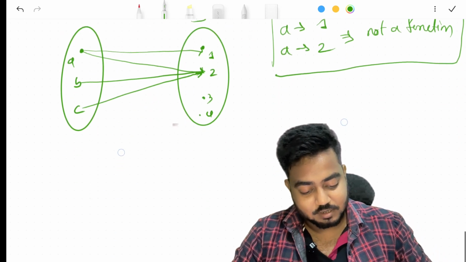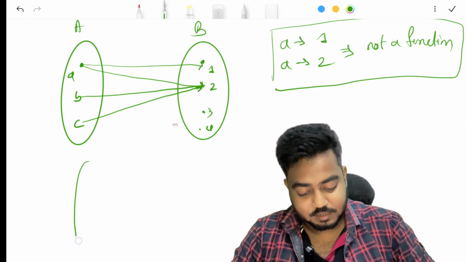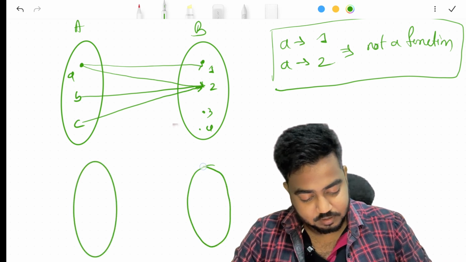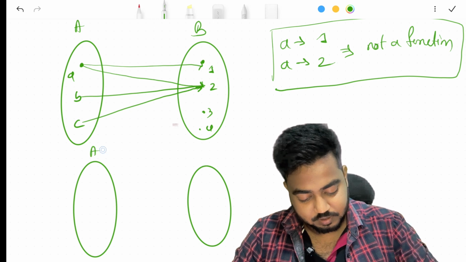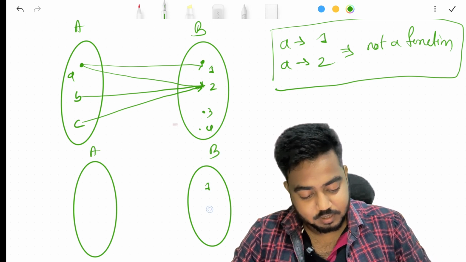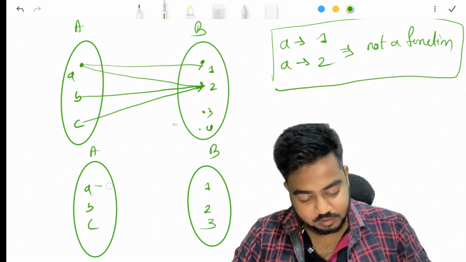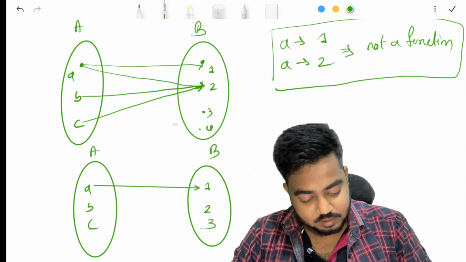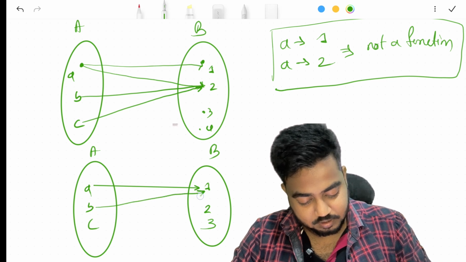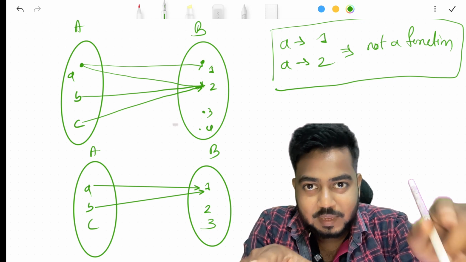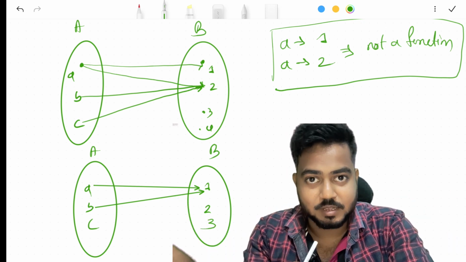But remember that this never restricts this kind of picture: A, B, C mapping to 1, 2, 3. One element in B can have multiple pre-images.